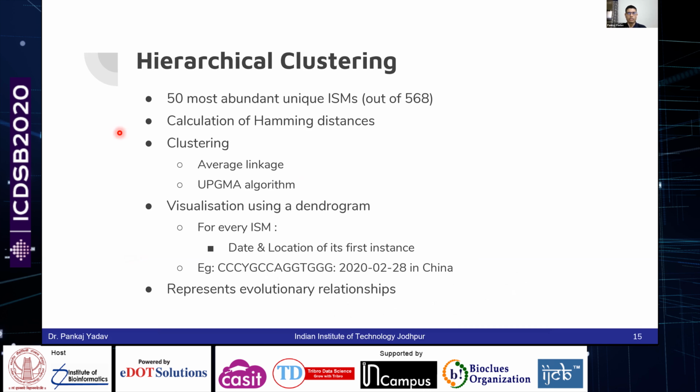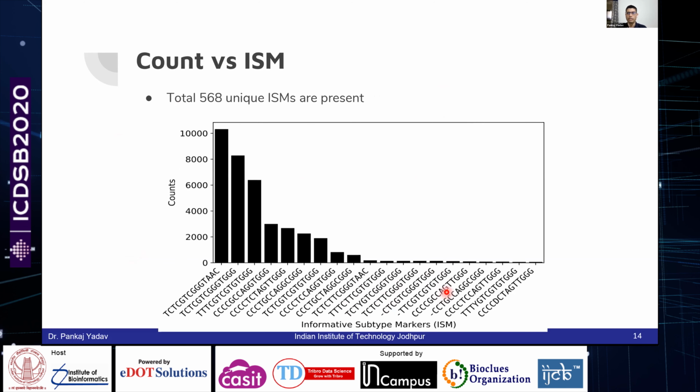Hierarchical clustering was also done in this analysis. For hierarchical clustering, we considered the 50 most abundant unique ISMs out of those 568 that I showed in the last slide.